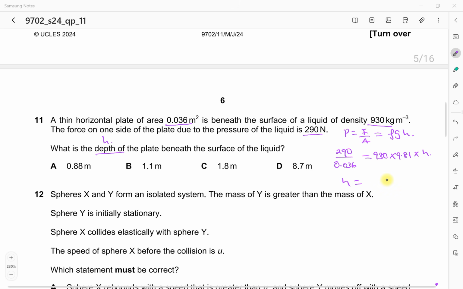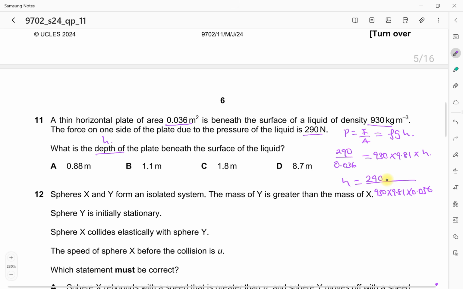So I'm just going to say h equals 290 divided by 930 times 9.81 times 0.036.